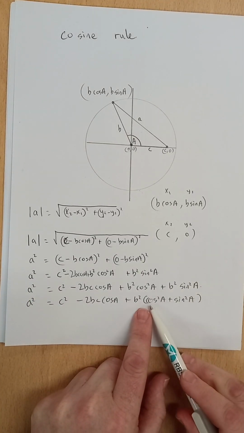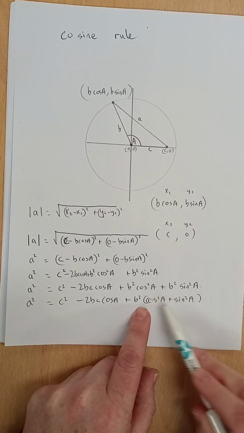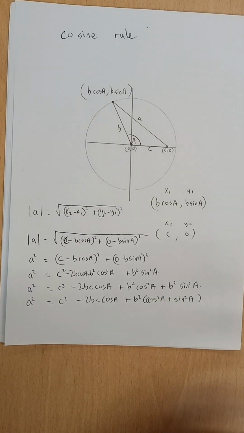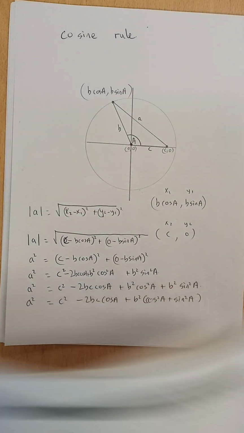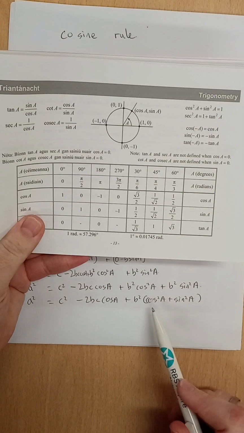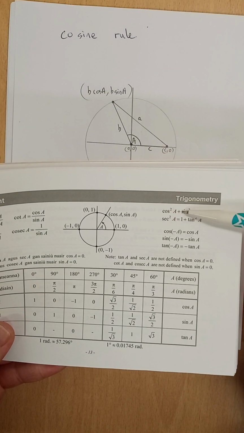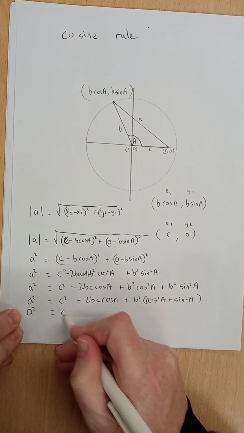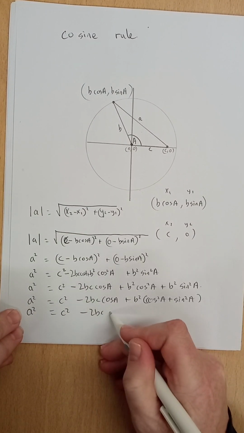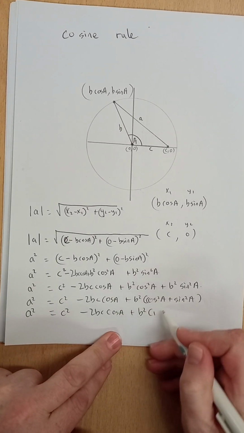Now this is where, if you haven't done trigonometric identities, you won't know this, but if you look on your log tables on page 13, the cos squared of a plus the sine squared of a is just 1. So that's actually a squared is equal to c squared minus 2bc cosine of a plus b squared times 1.